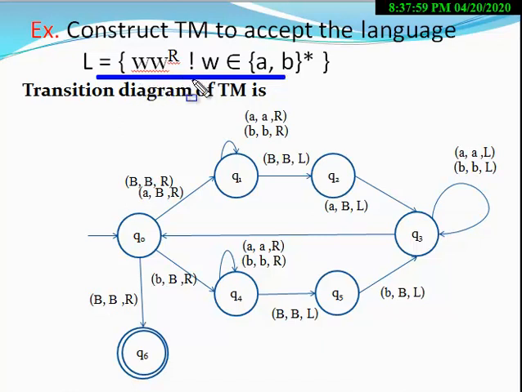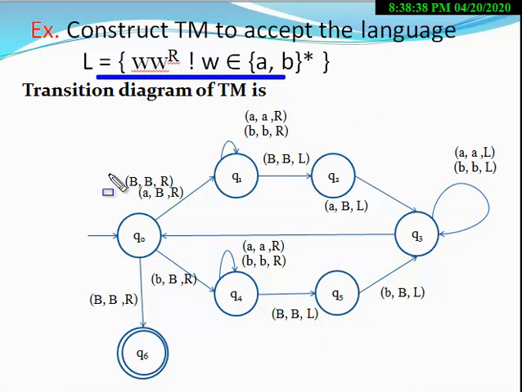In the previous question the language was WCWR, so only C is missing in this example. It means the logic which you used in the previous question is the same in this question also. Here you have to again apply the same logic.